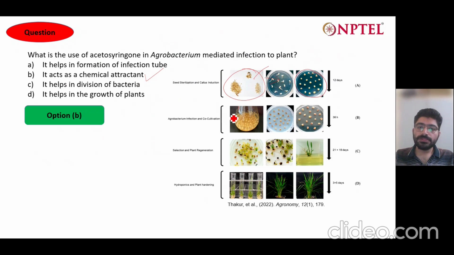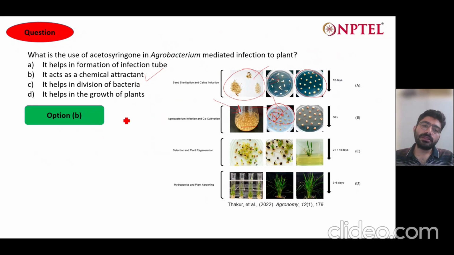Now simultaneously we grow agrobacterium in culture, and then we infect the cells with the agrobacterium using the co-cultivation method, and here we apply acetosyringone. It's a chemical attractant that attracts the bacteria to the plant.